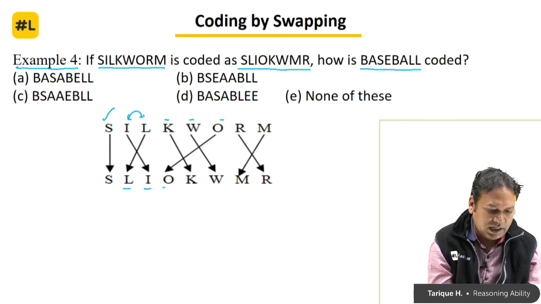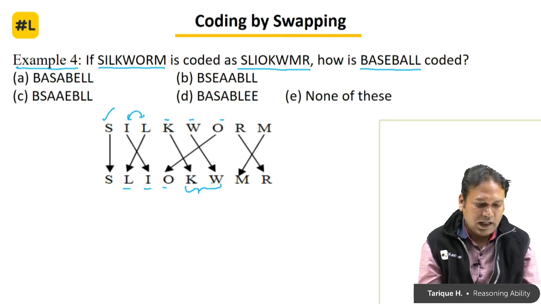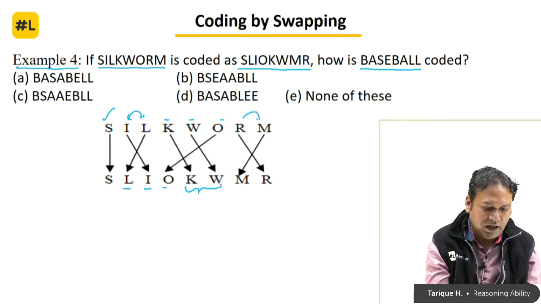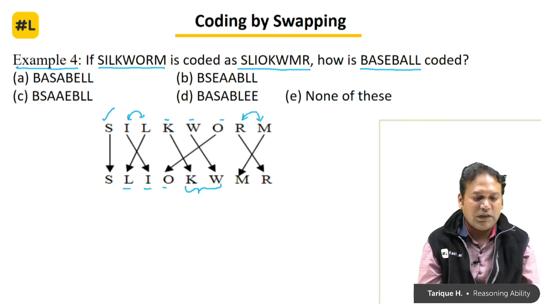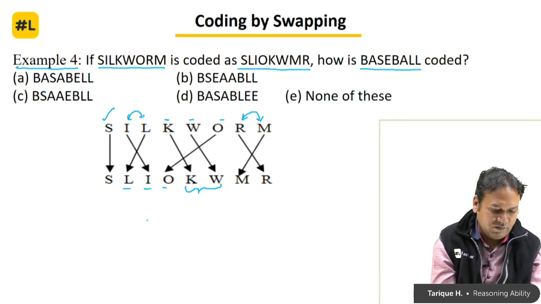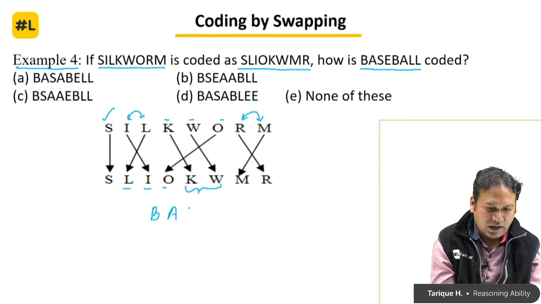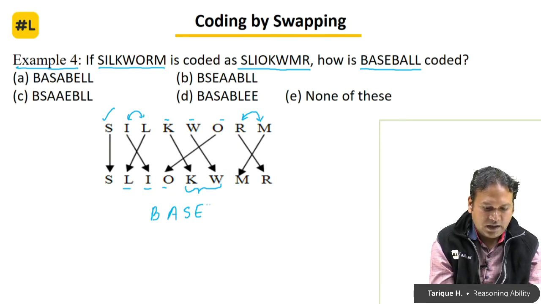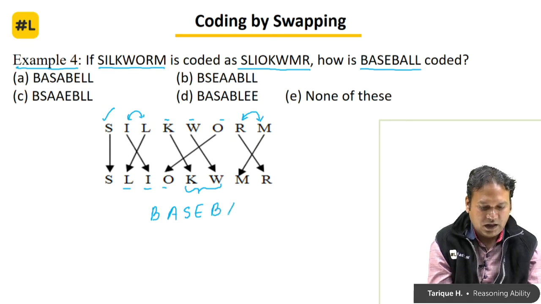O comes down this side and both of these letters come on the right, clear. And then R and M, again we are swapping. So look at this swapping technique, and then you try to solve the same way for the word baseball. B, A, S, E, B, A, L, L.